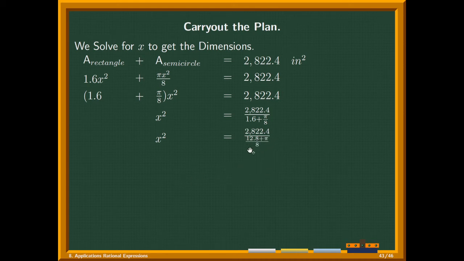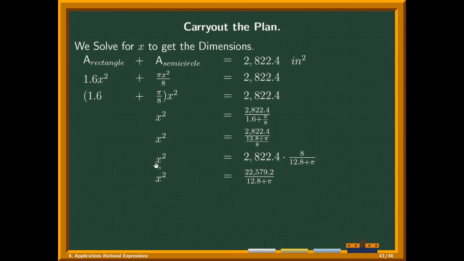And simplifying further, x squared is equal to 2,822.4 times its reciprocal, that is 8 all over 12.8 plus pi. And when we multiply, the answer is 22,579.2 all over 12.8 plus pi. And since pi is approximately 3.1416, we are using that value here.